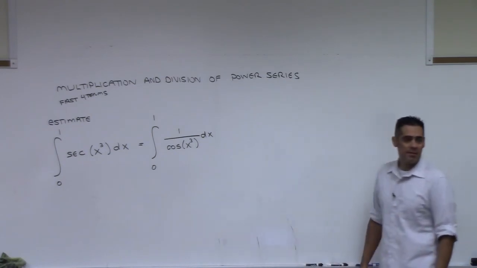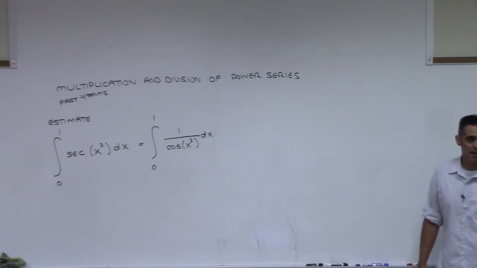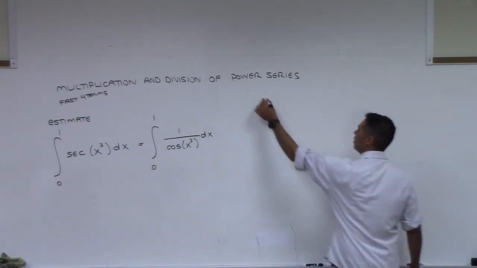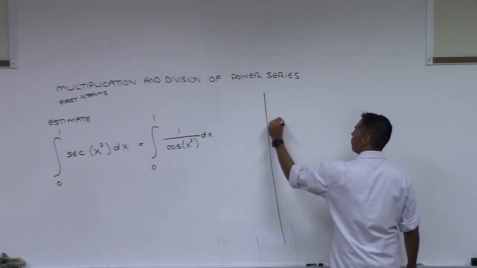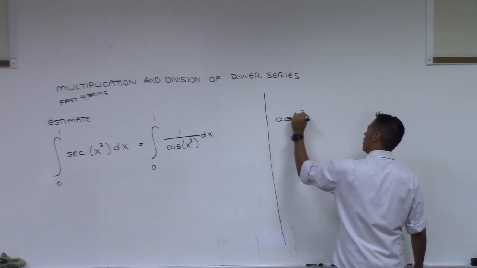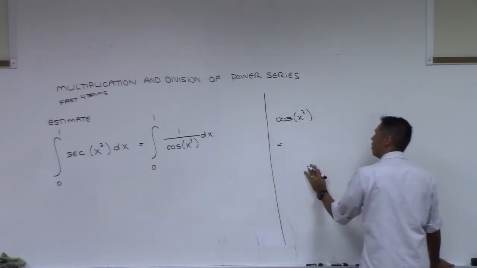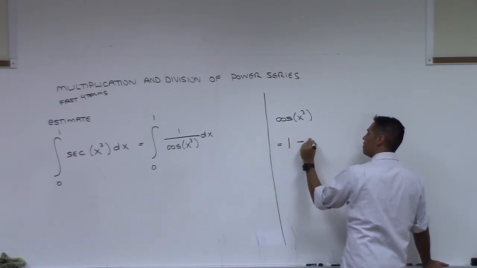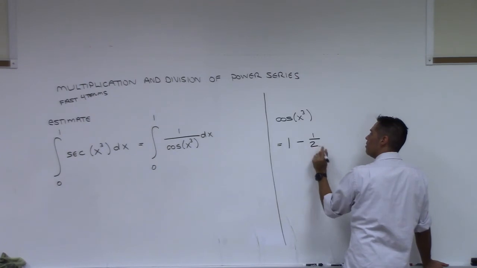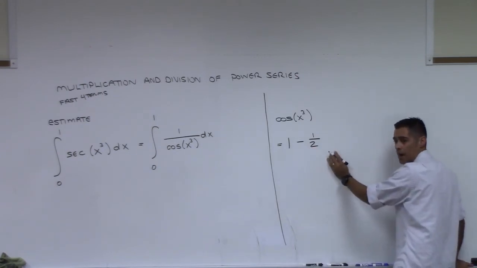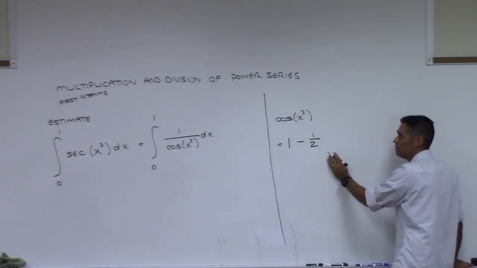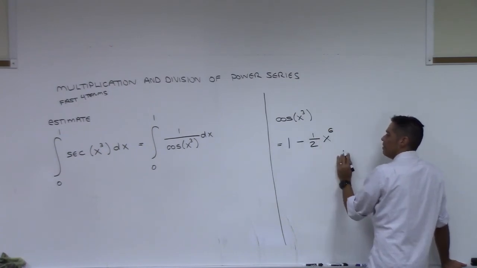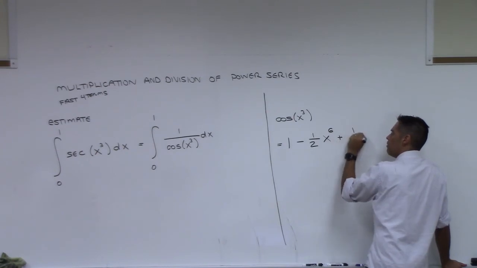And now we need the series expansion for cosine of x cubed. Let me just write that down over here. What is the series expansion for this? So cosine starts at 1, doesn't it? 1 minus 1 over 2 factorial x squared, right? So what is that thing squared? x to the 6th. And then plus 1 over 4 factorial.